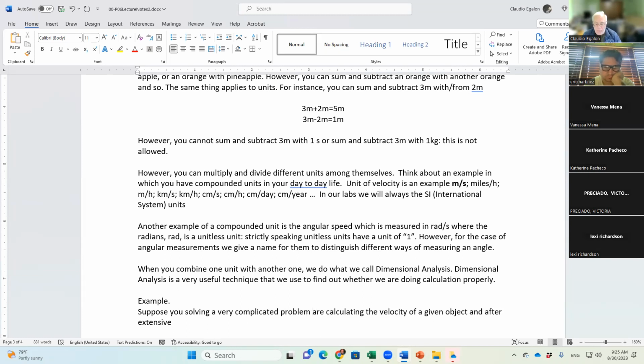A very complicated problem that involves the calculation of the linear velocity of an object, and I'm saying linear to distinguish that from angular.